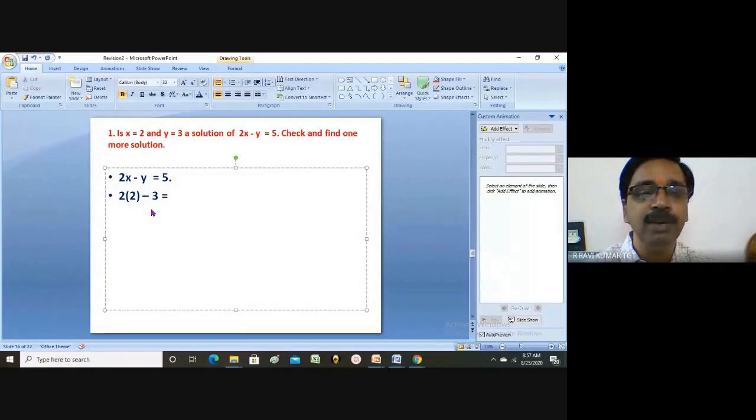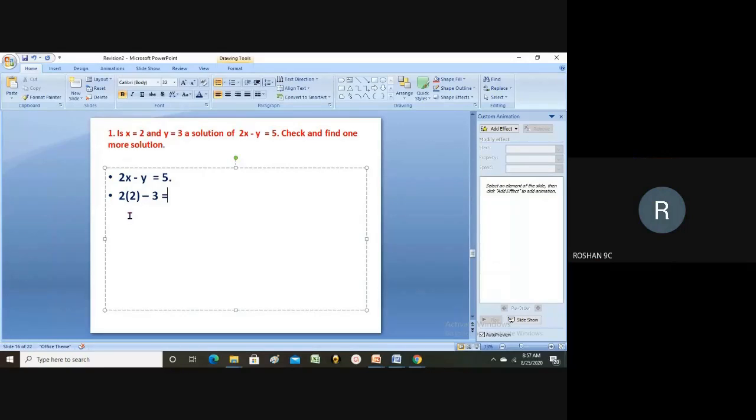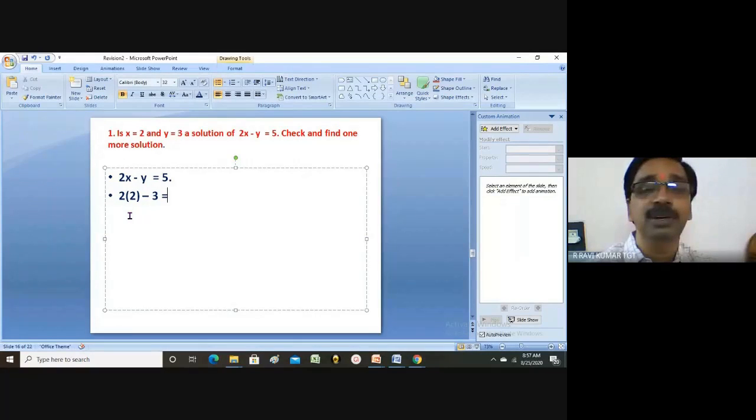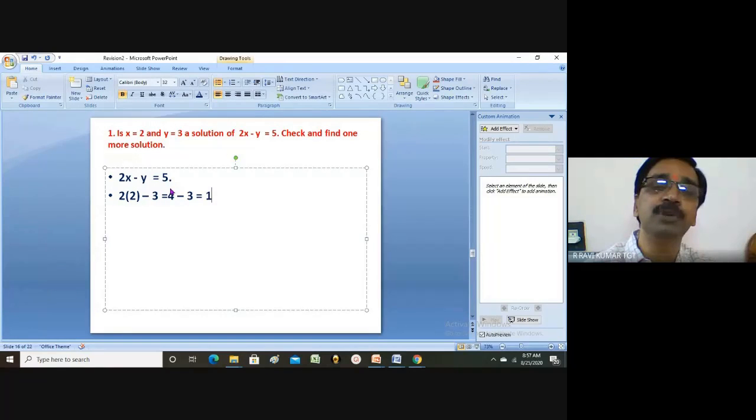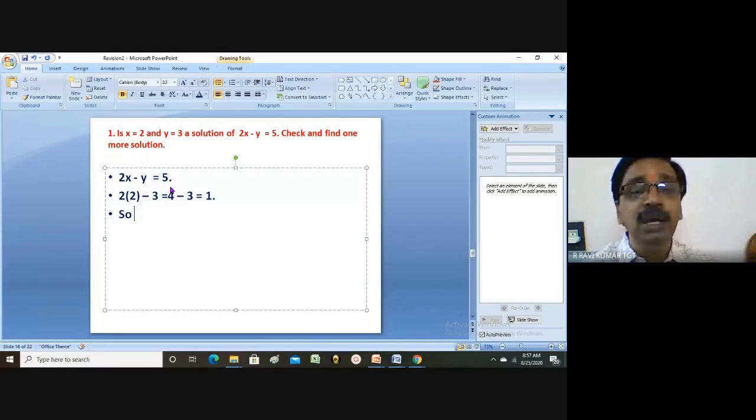I have to check whether it is. 2 twos are 4, and 4 minus 3 is equal to 1. But the equation is 2x minus y equal to 5. So x equal to 2, y equal to 3 is not a solution of the equation.